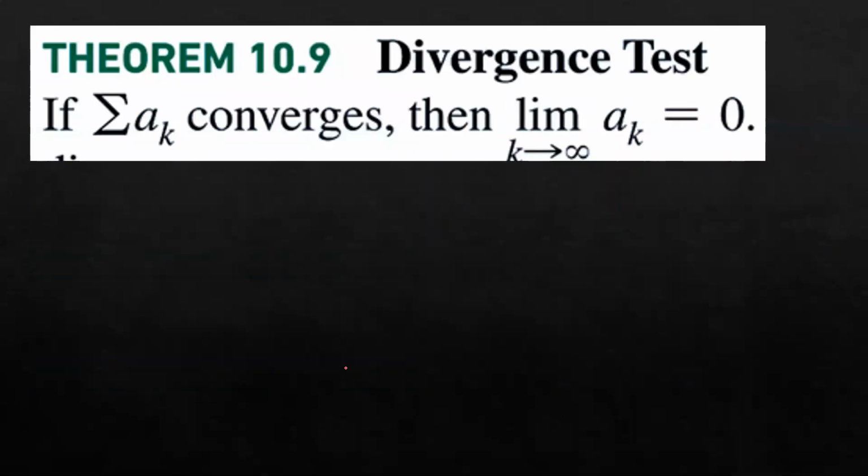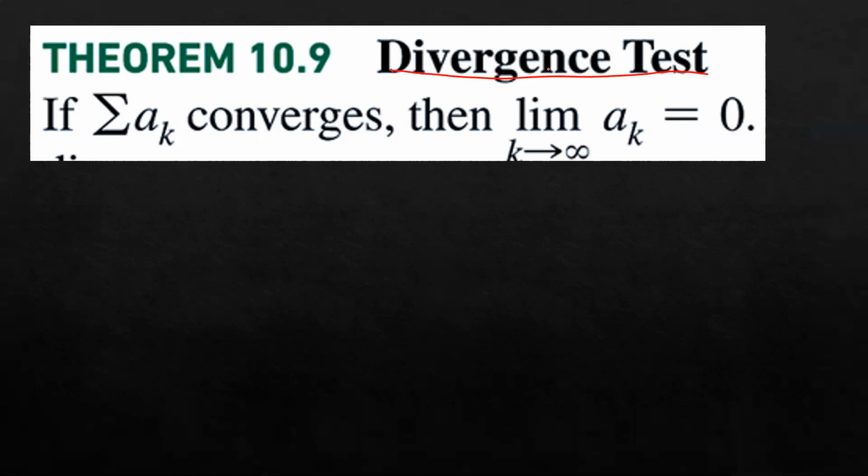Suppose that the theorem in math said, if the series converges, then the limit as k goes to infinity of a sub k is equal to 0.